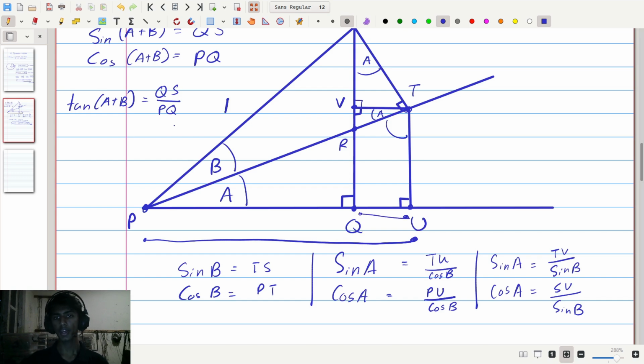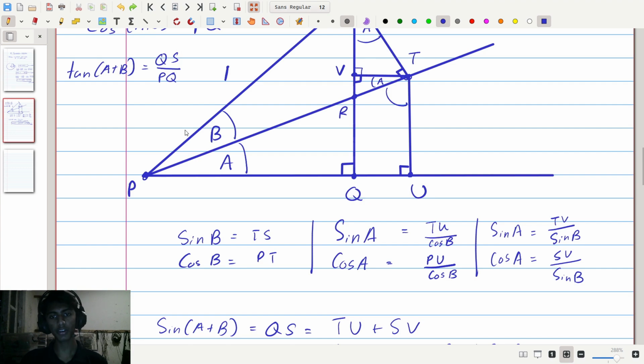And because we constructed VTUQ, and VTUQ is a parallelogram, since QV and UT are vertical, which means they're parallel in the vertical direction, and VT and QU are horizontal, so they're parallel in the horizontal direction, we can then see that QU is equal to VT. Therefore, the length PQ is PU minus VT.